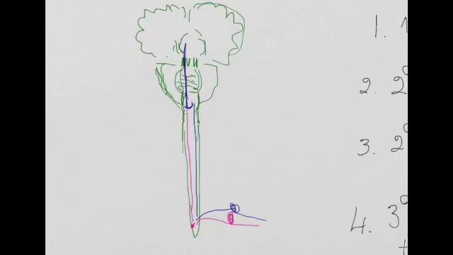The spinothalamic tract synapses on the level in the spinal cord on the second order neuron, then crosses over and decussates and ascends on the contralateral side, while the dorsal column will not synapse on the second order neuron until it reaches the brainstem, and thereby it will decussate in the brainstem before it reaches the thalamus.